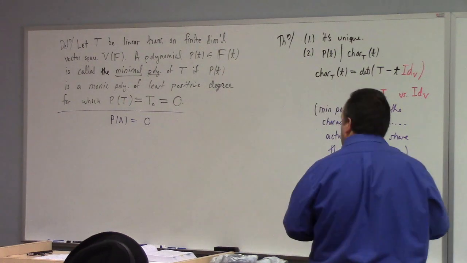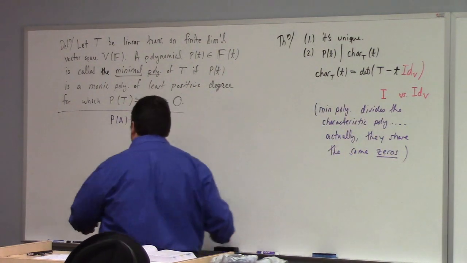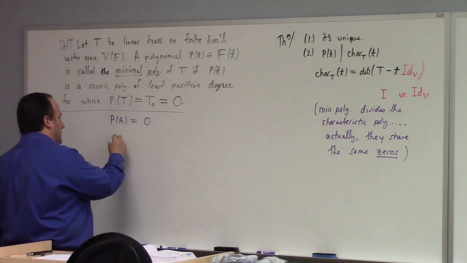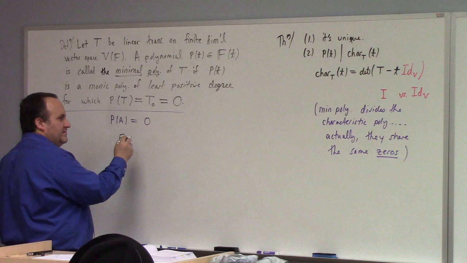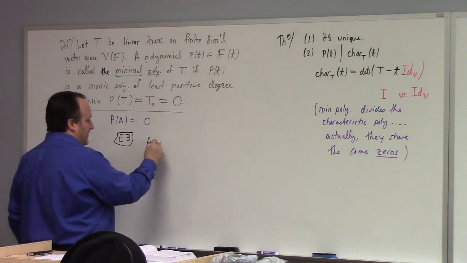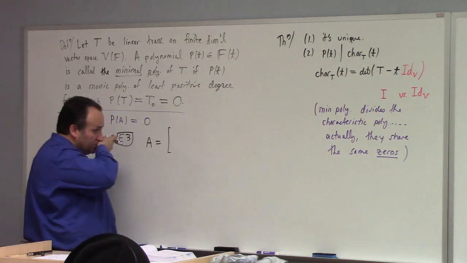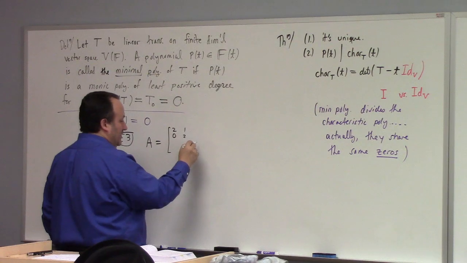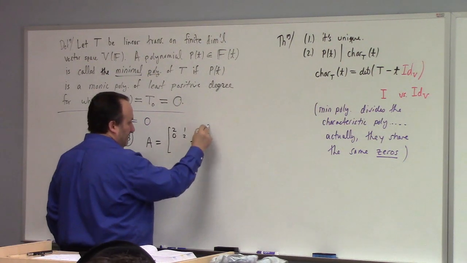So let's start out real simple. Example 3. Let's say we have A equals 2, 1, 0, 2, 3, and 3.